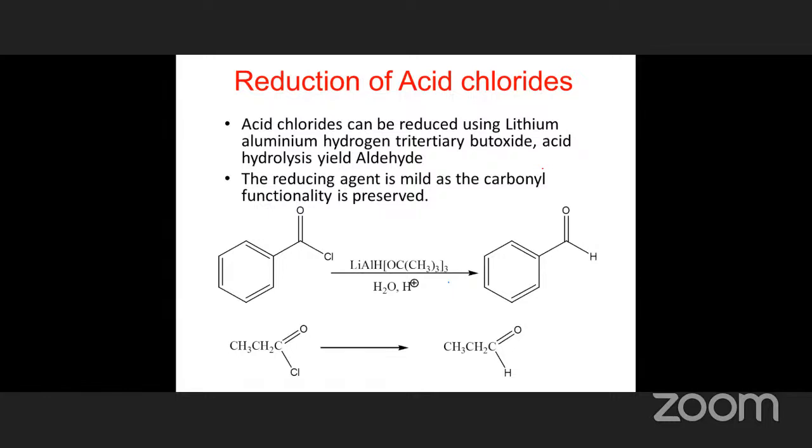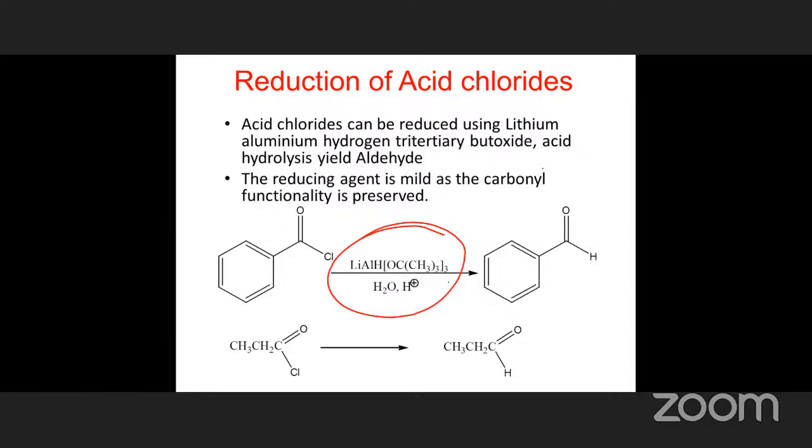Again, like in the case of alcohols, the type of acid chloride that you use will determine the type of carbonyl that you get. So here, for instance, you use a reducing agent called lithium aluminum tri-tertiary butoxy hydride, also commonly called lithium aluminum hydride. You can see the structure there.